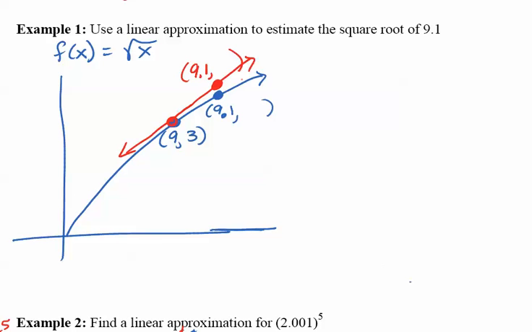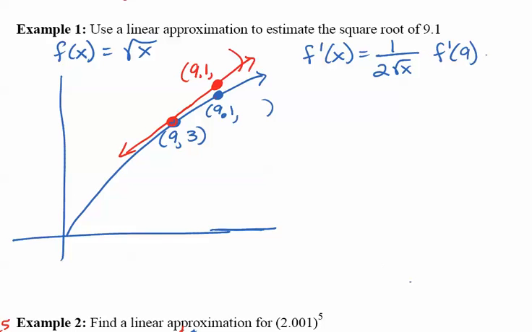Once I find the y-coordinate on the tangent line, I can see that the red point's a pretty close approximation of the blue point, especially considering how I've exaggerated my graph. And it's very easy for us at this point, I hope, to find the equation of a tangent line. So its slope comes from the derivative of the function, and we're going to use the point (9, 3) as our point of tangency.